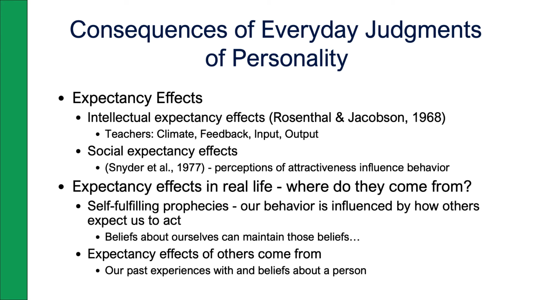What ends up happening is because we expect to be treated that way, we tend to treat them in a way that elicits those behaviors. We might be abrupt or rude with them. We might be short with them. We might tend to not give them the benefit of the doubt. And because of the way we treat them, sure enough, they respond in the manner that we expected them to, just confirming and reinforcing your beliefs about their personality.